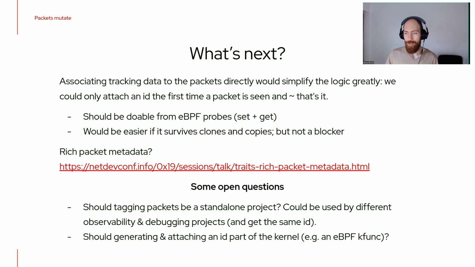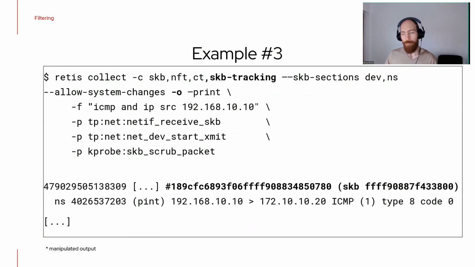And there are also other questions, like should setting a tracking ID be part of the kernel, or should the kernel be aware of a tracking ID? One thing that could happen would be reporting that tracking ID in various debugging things in the kernel, and that could help to correlate events between different tools and what the kernel is reporting. So there is room for discussion on that.